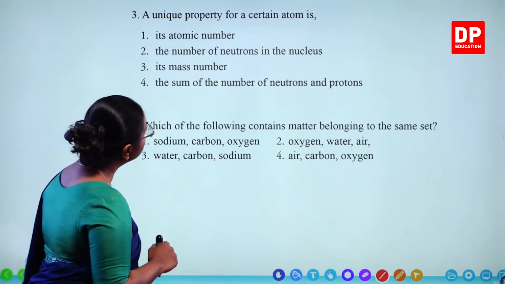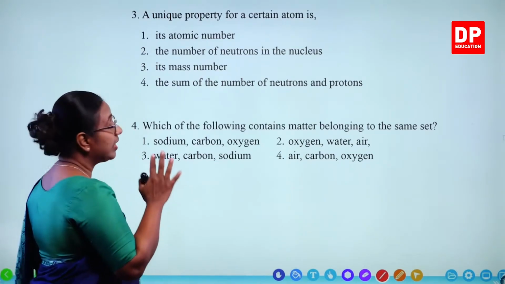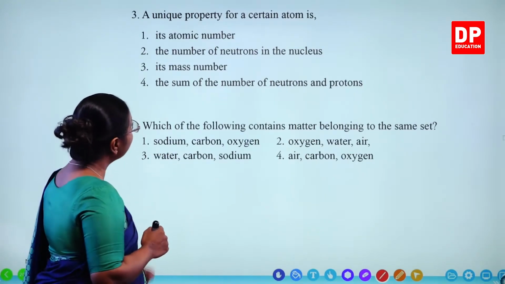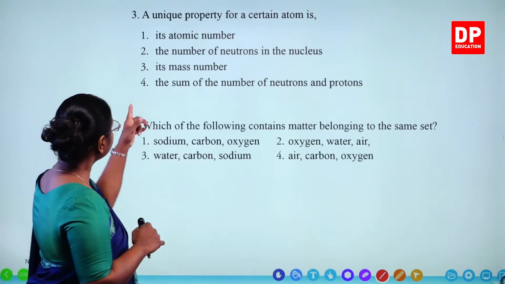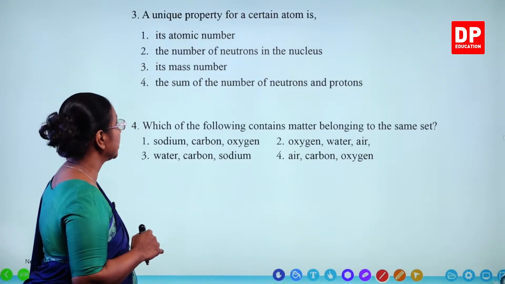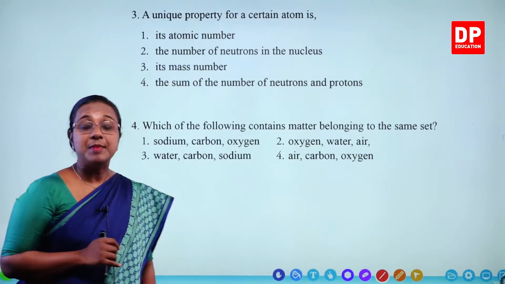The number of neutrons in the nucleus, that of course can vary, or it can be similar to more than one atoms as well. Its mass number, that is also not a unique property. Then the sum of the number of neutrons and protons. Again, the sum of the number of neutrons and protons is the mass number.